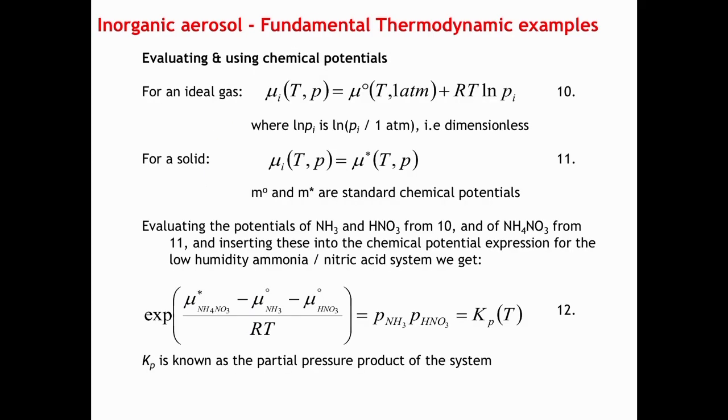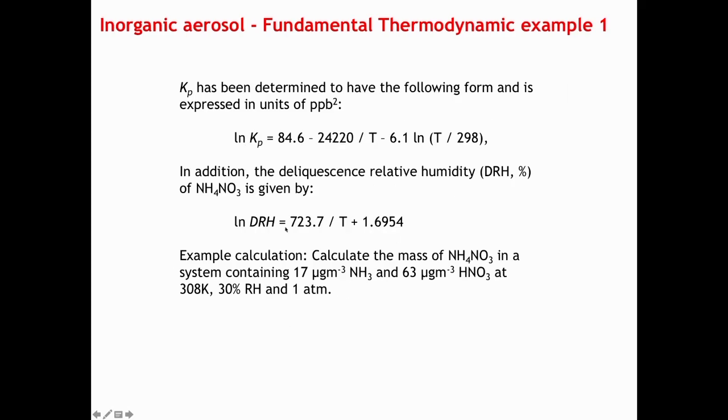And so this expression for ammonium nitrate only applies when there is no water. And this is the condition that says below this deliquescence relative humidity, you have no water, and above this deliquescence humidity, you have water. So below this value here, then your equilibrium relationship will apply.